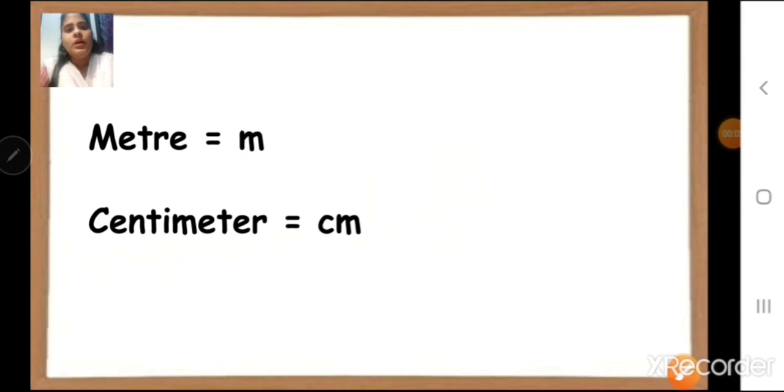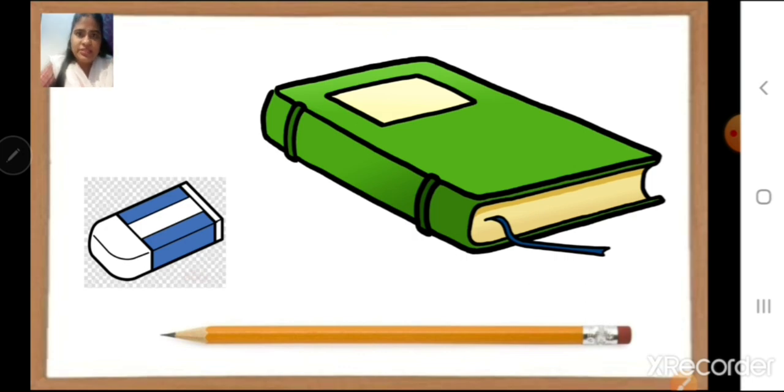Now, meter is written as m, and centimeter as cm. This is the short form. Children, centimeter is used to measure a smaller thing or object.